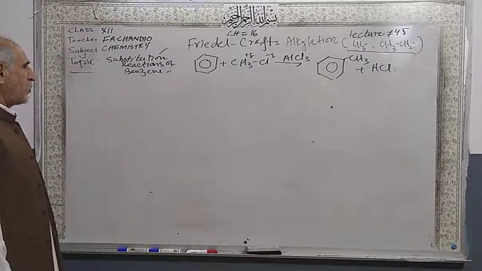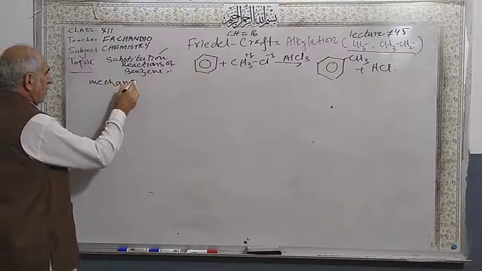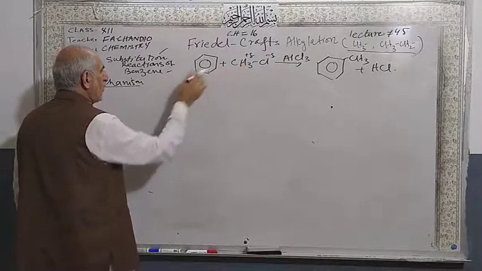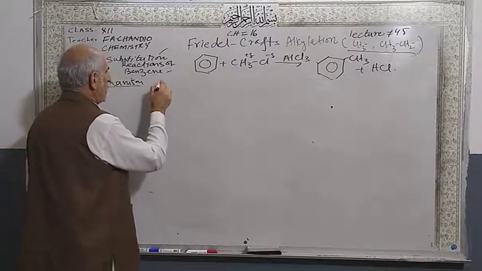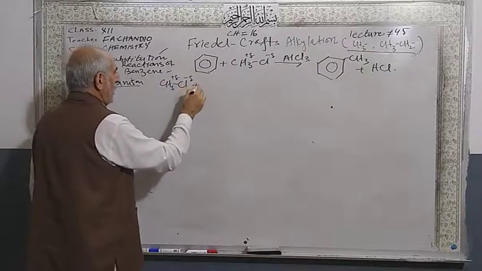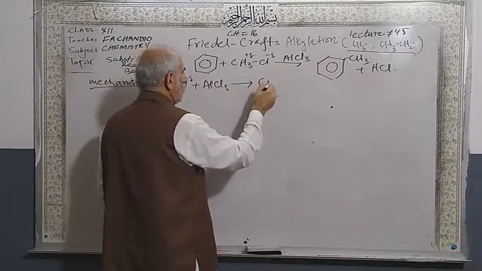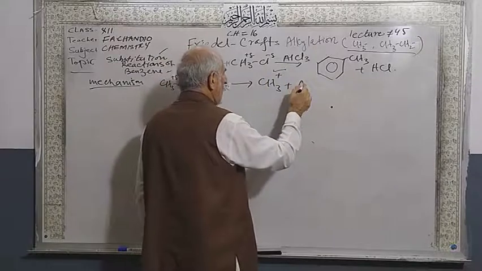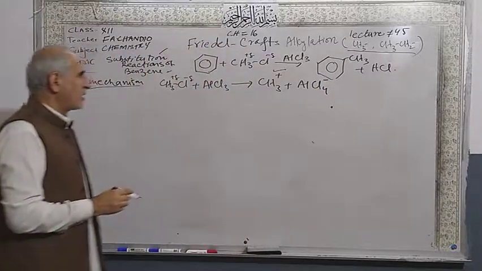Dear students, if you are going to write the mechanism of this chemical reaction, first we generate the powerful electrophile. This powerful electrophile can be generated from methyl chloride, and aluminum trichloride is a catalyst. You will get the positive charge, which is a powerful electrophile, and then there is an aluminum tetrachloride complex like this one.